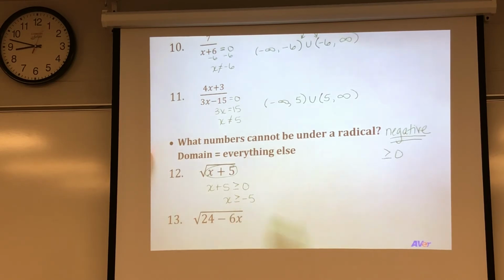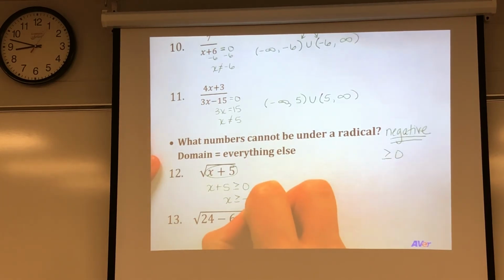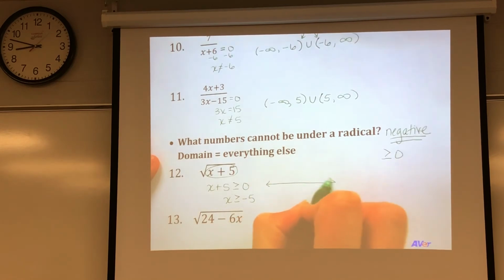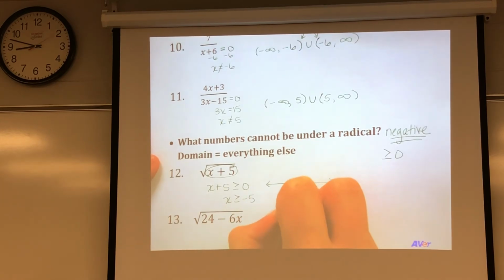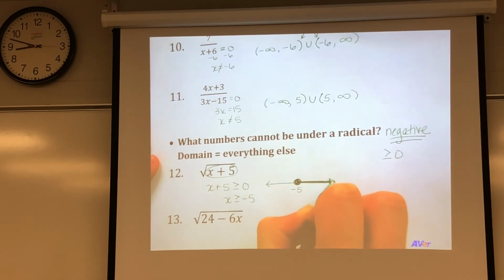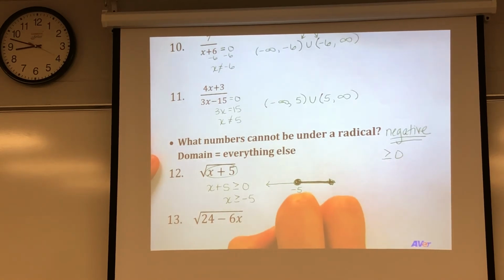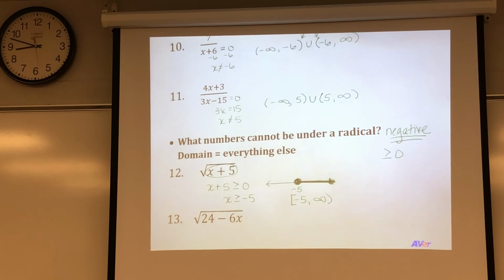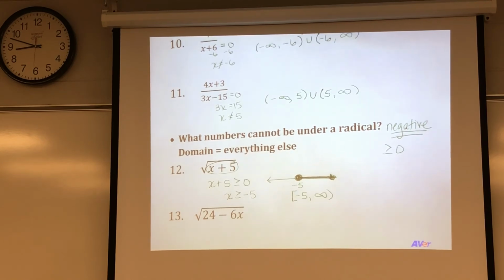You can see that correlates to what we were doing with the inequalities. -5 on a number line, closed circle because there's an equal to, greater than goes to the right. So interval notation, we would have bracket, -5 to infinity. You don't necessarily have to draw the graph. I'm just showing you how it connects to what we were talking about with those inequalities earlier.